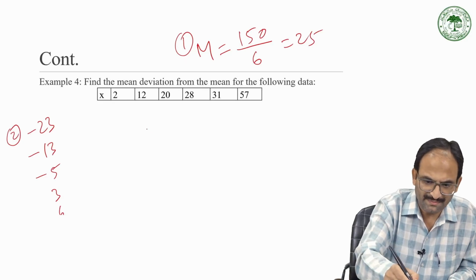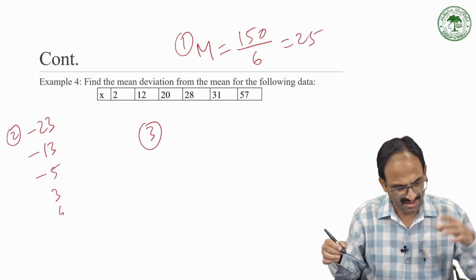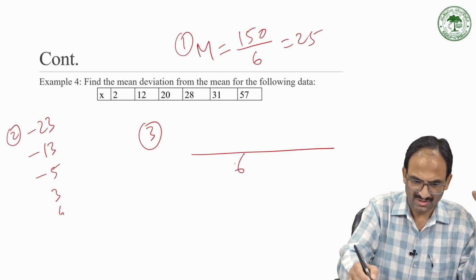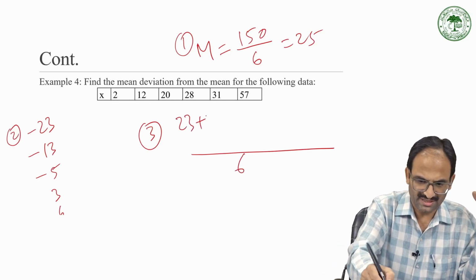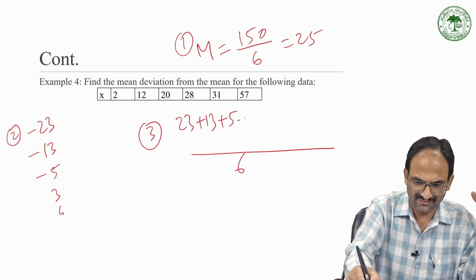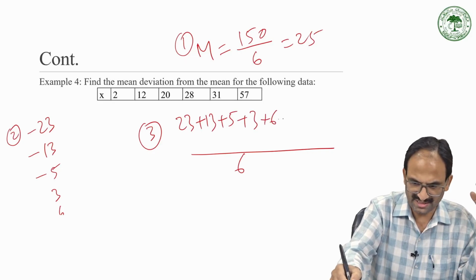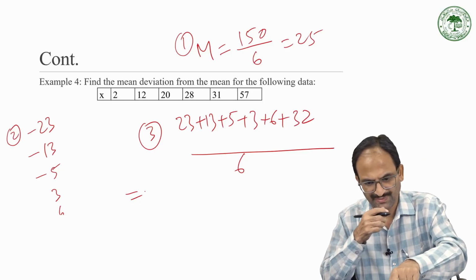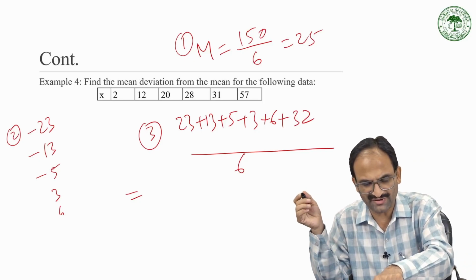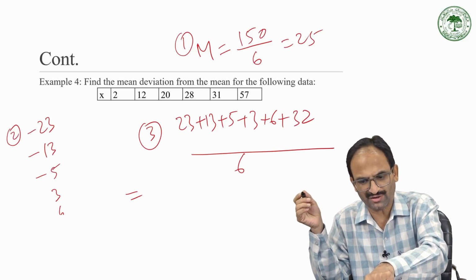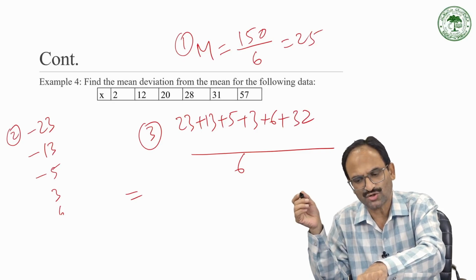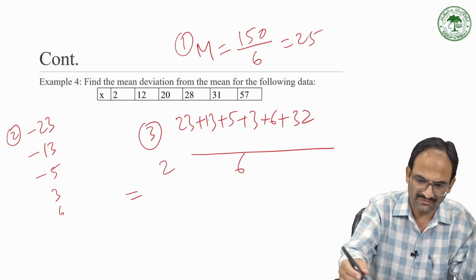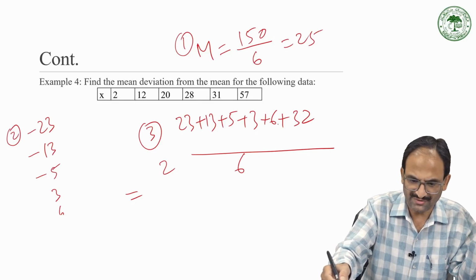Now find the sum. In the third step, find the sum and divide it by 6. So 23 plus 13 plus 5 plus 3 plus 6 plus 32 divided by 6. So find the sum. 3 and 3 is 6, 5 is 11, 11 and 3 is 14, 14 and 6 is 20, 20 plus 2 is 22, 2 carry 2, 2 4, 4 1 5, 5 and 3 is 8.